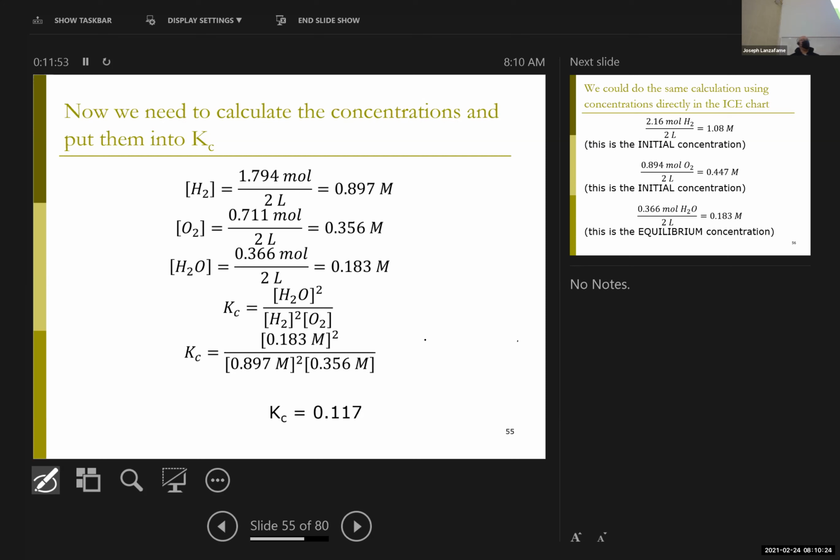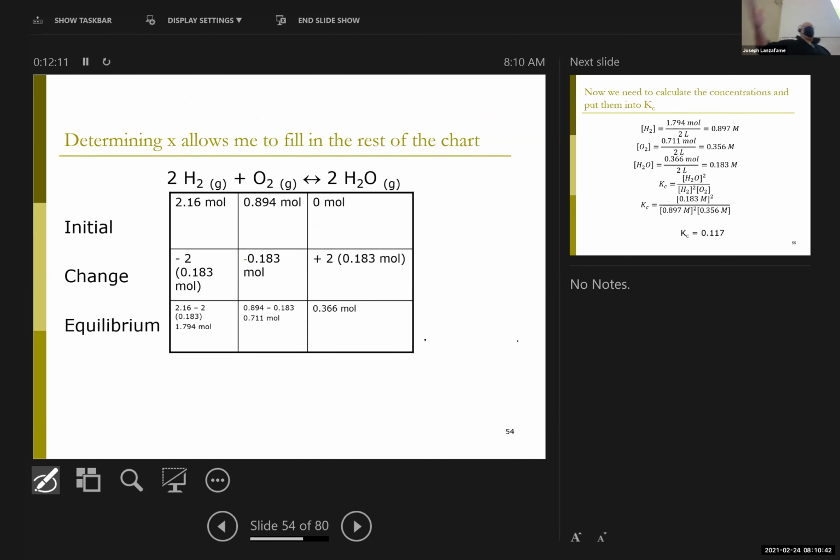Now, since I do ultimately need either molarity or atmospheres, you might ask, why didn't I go to molarities or atmospheres at the beginning? The answer is no particular reason. My ICE chart is really driven by the stoichiometry, because what makes the ICE chart go is the change line, because that is the relationship between the hydrogen, the oxygen, and the water.